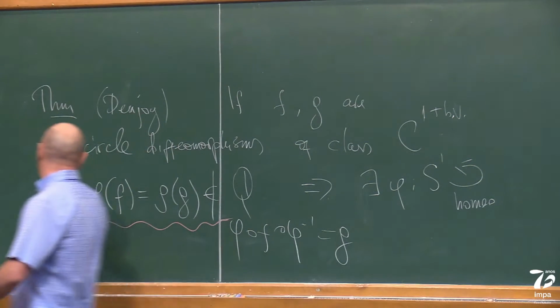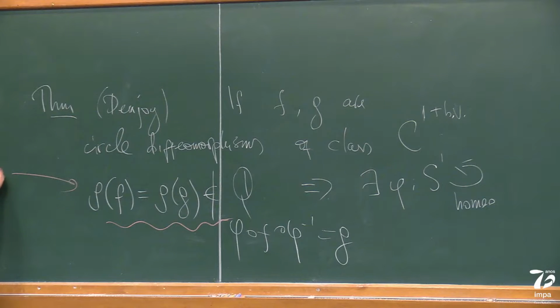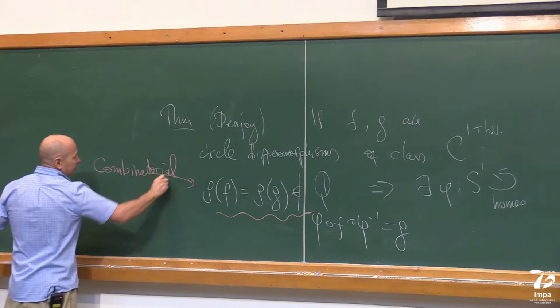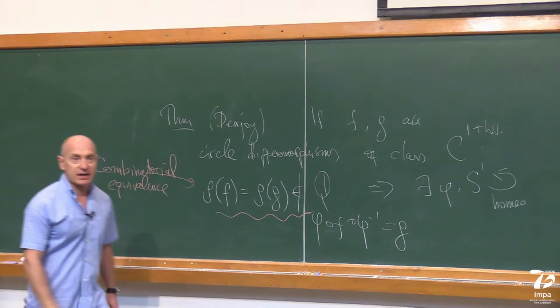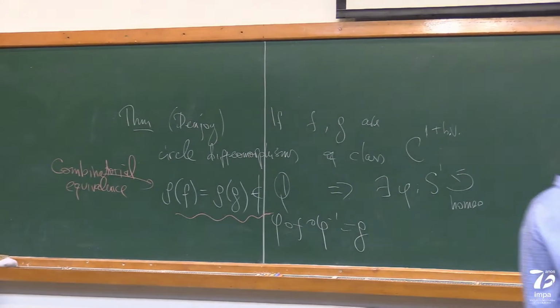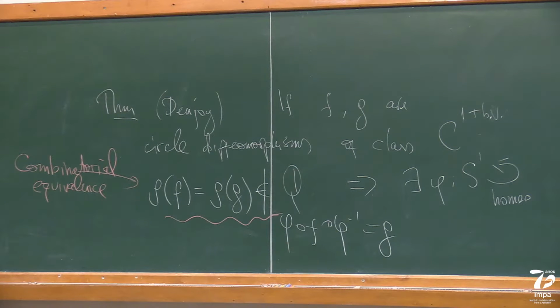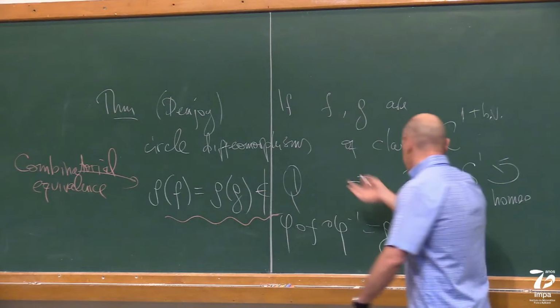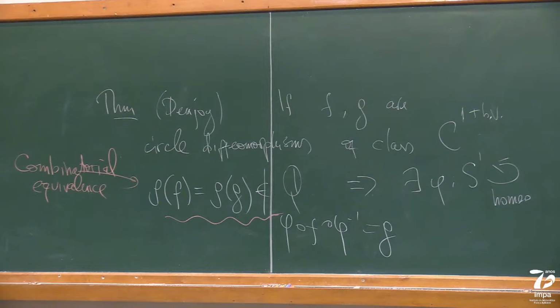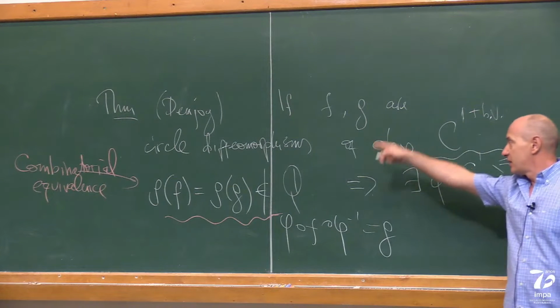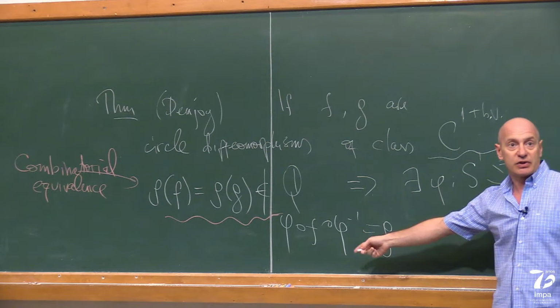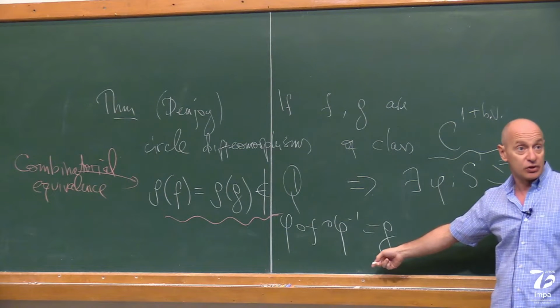This is known as combinatorial equivalence, because by the classical results of Poincaré, this implies that the combinatorics, the order of the orbits of these maps on the circle, is the same as the order of the orbits of an irrational rotation by this angle. And so if you have enough smoothness, then according to Denjoy, this pushes the combinatorial equivalence to a topological equivalence.